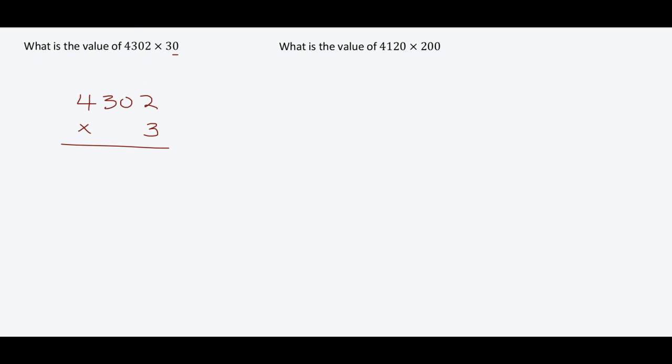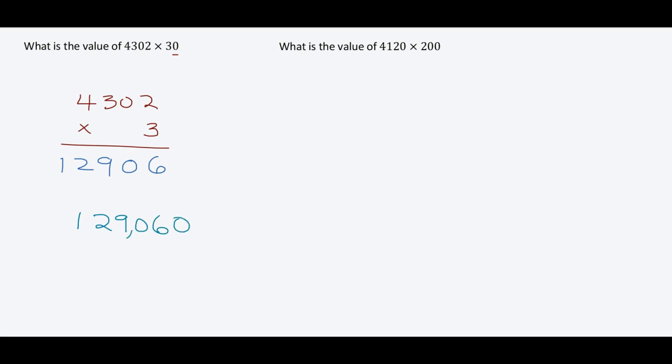So we have 2 multiplied by 3, we get 6. 0 multiplied by 3, we have 0. 3 multiplied by 3, we have 9. 4 multiplied by 3, we have 12. So we have just 1 zero at the end. So our final result is going to be 12906 with 1 zero at the end. We can put a comma here.